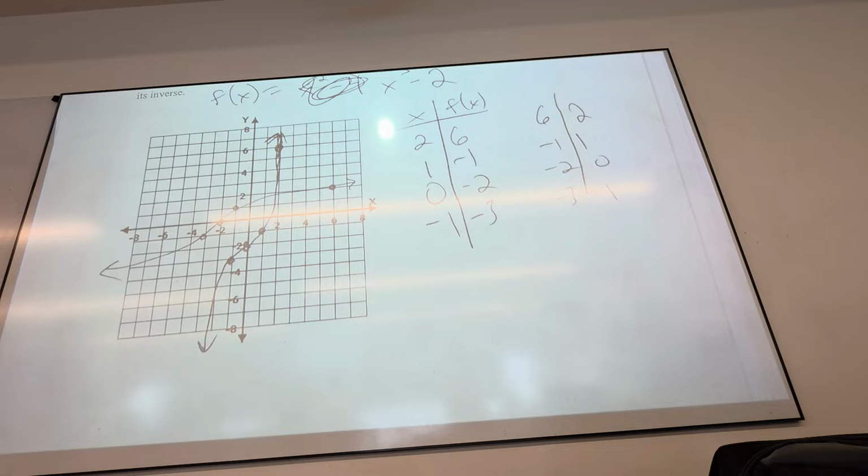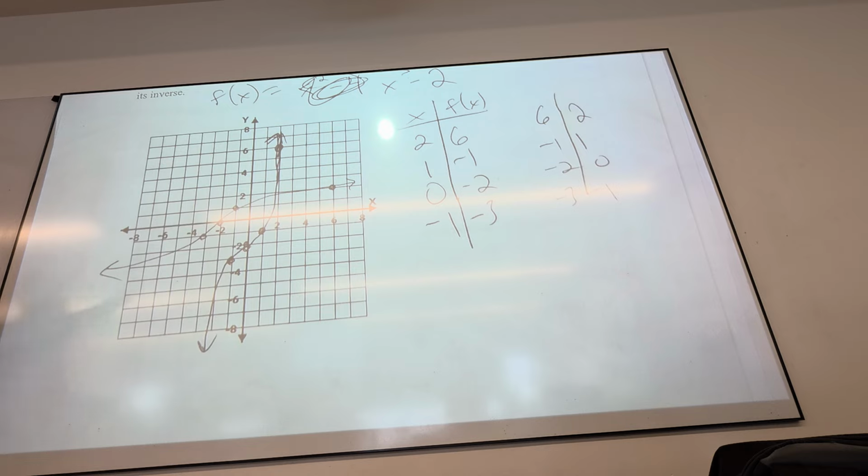Okay, let me stop for a minute. Does my inverse graph pass the vertical line test? So that means my inverse is a function. I really want you to be with me on this.